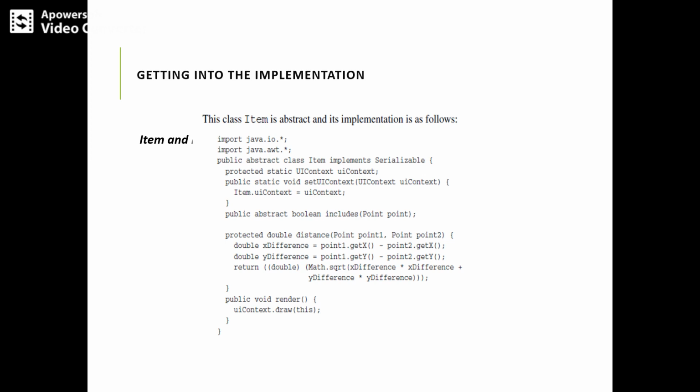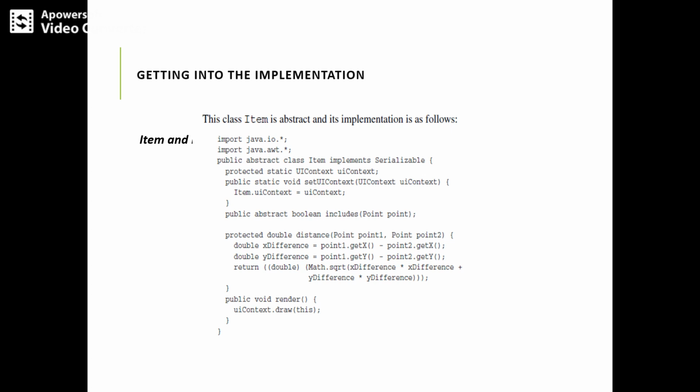We have a protected UI context, the user interface context of the object, and a public static void UIsetContext with a parameter UIContext, so that the object's UIContext is set equal to the UIContext.